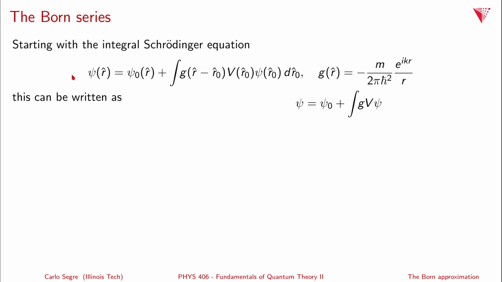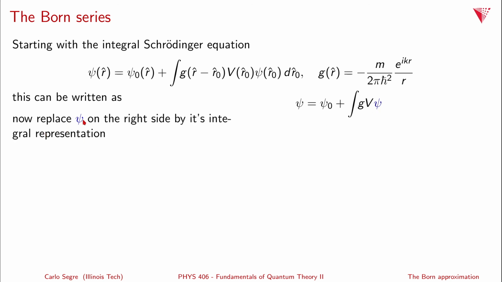And we can rewrite this in the following way. In a shorthand notation, we have psi is equal to the incident wave function psi 0 plus this integral. I've dropped off the dr0 and so on just to keep it compact. It's G times the potential times the wave function. Now, if we replace psi on the right side by its integral representation, because these two are exactly the same, we get the following.